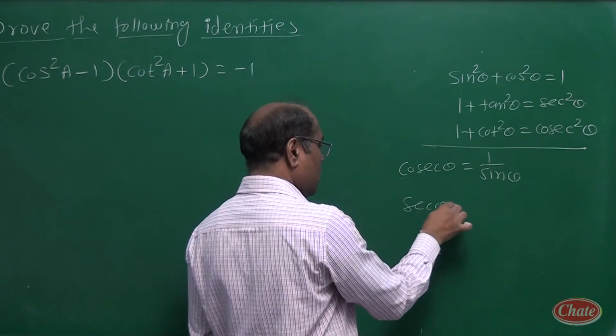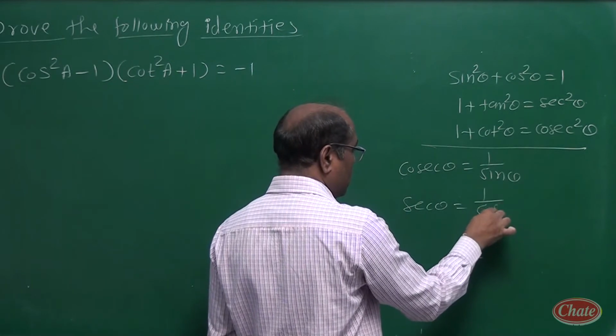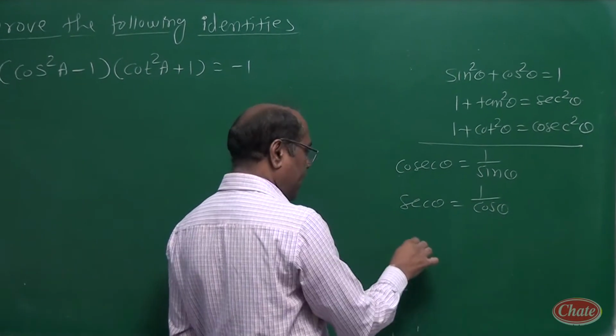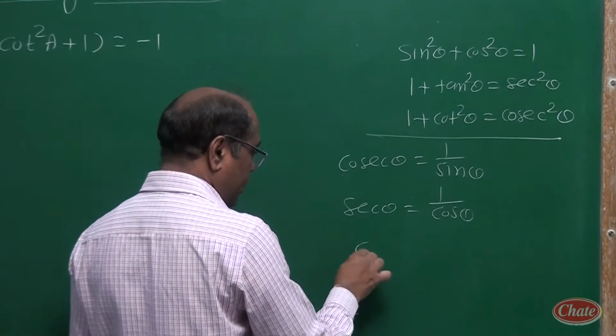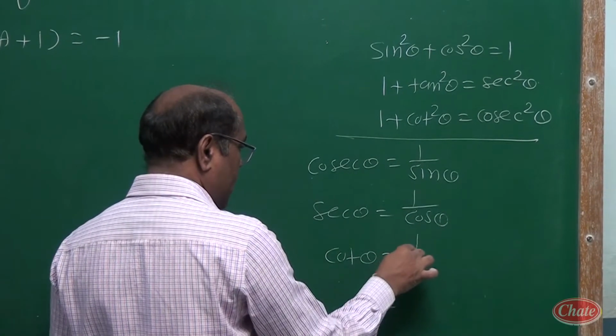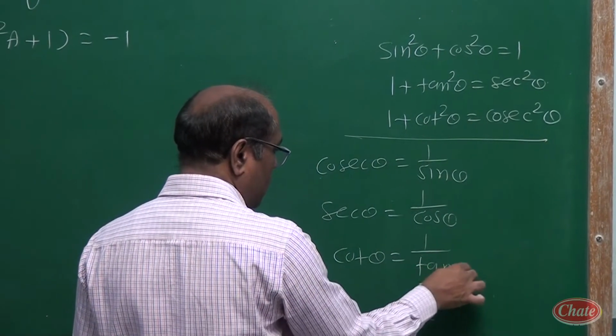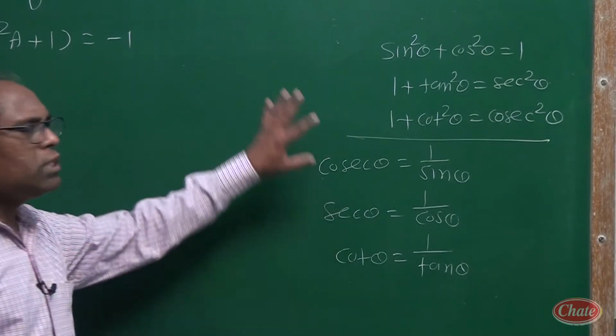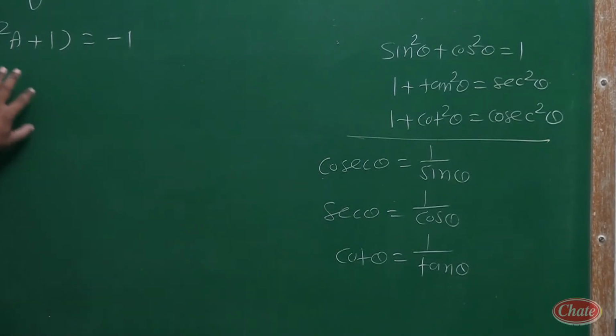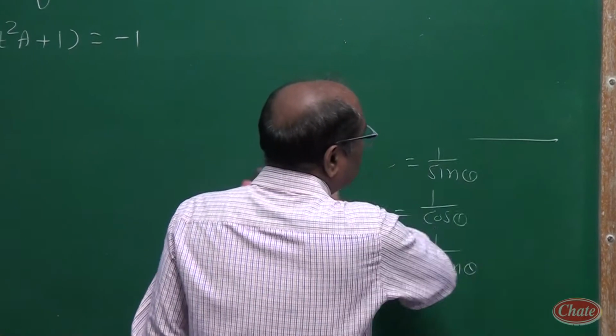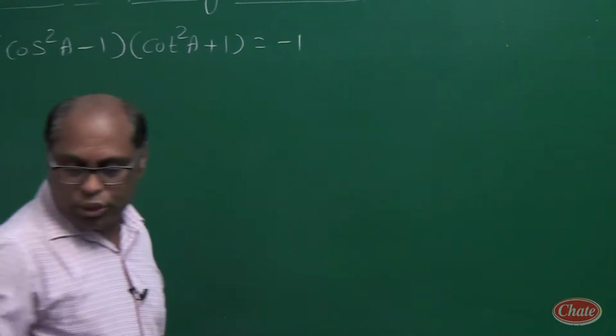Sec θ is equal to 1 upon cos θ, and cot θ is equal to 1 upon tan θ. So I have to use these relations to prove the given identities. Here is the solution.